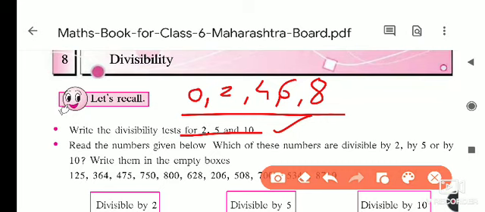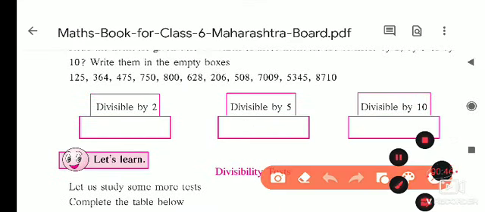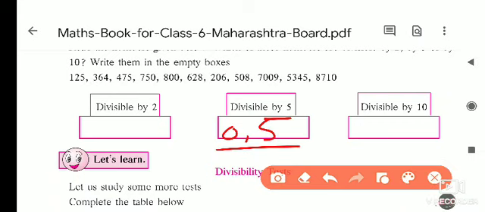In the same way, if a number contains 0 or 5 at its unit place, then the number is divisible by 5. So from the numbers above, these numbers are divisible by 5 because 0 or 5 is at the unit place.